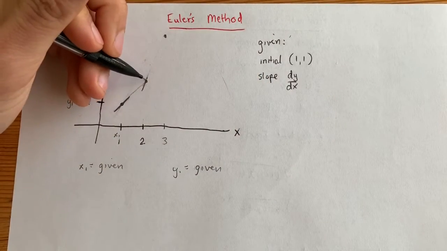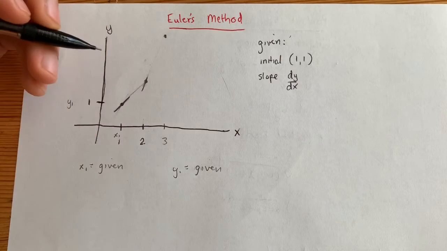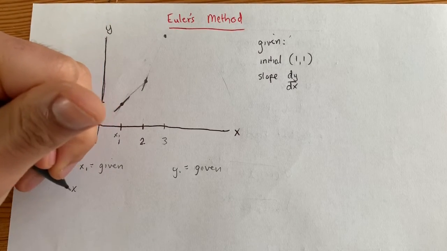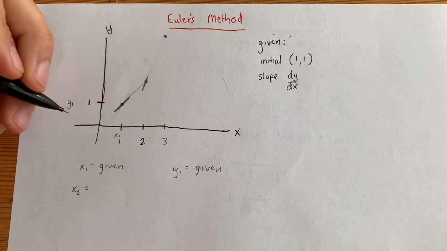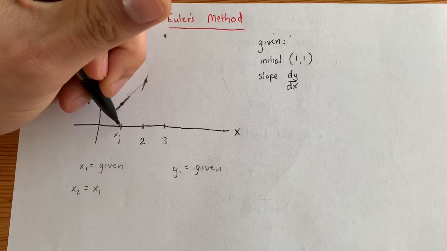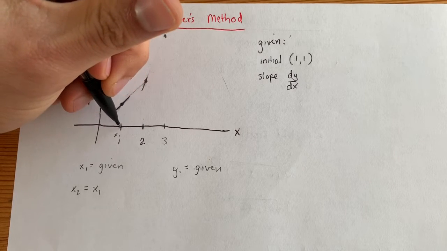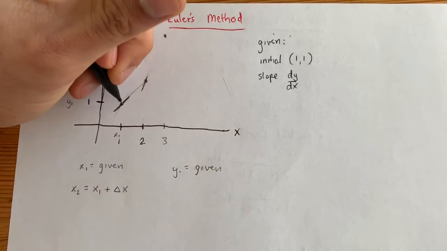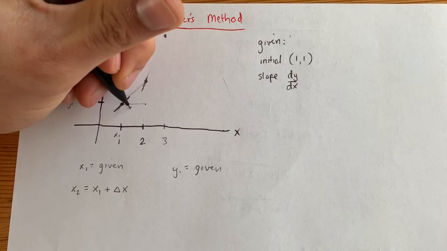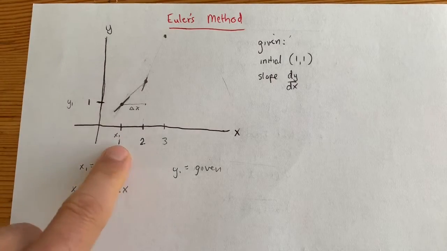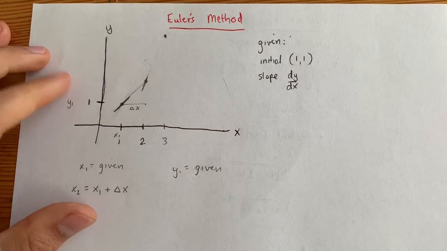Then our first concern was what happens at x2. To get x2, all we had to do is take x1 plus delta x, the change in x. We said from 1 to 2, that would be a change of 1.